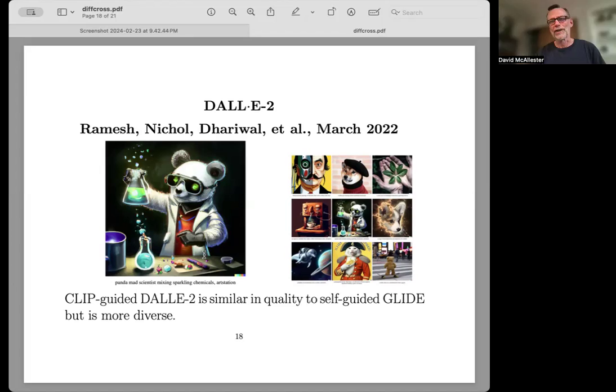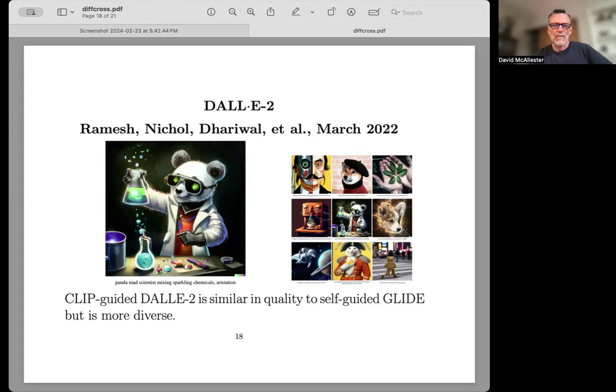But in the holy shit era, you look at the images that are produced and you forget the benchmarks: holy shit. So these are images produced by DALL-E 2 in response to text. And it's similar, actually, it wasn't that much of an advance over GLIDE.